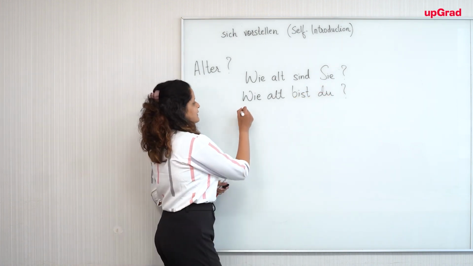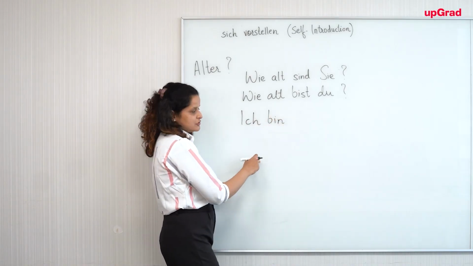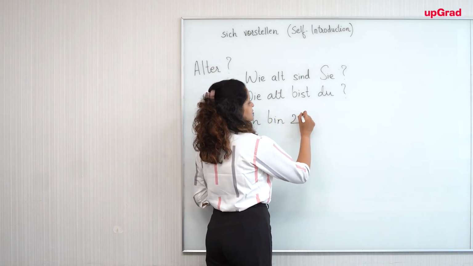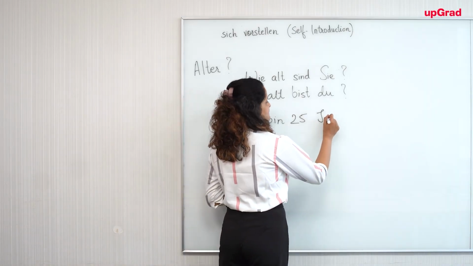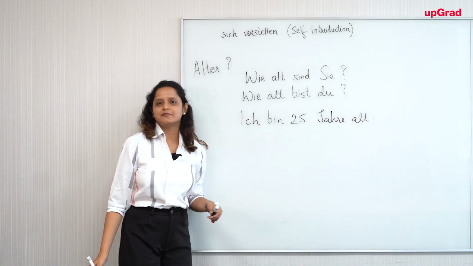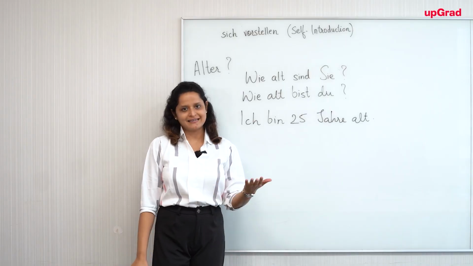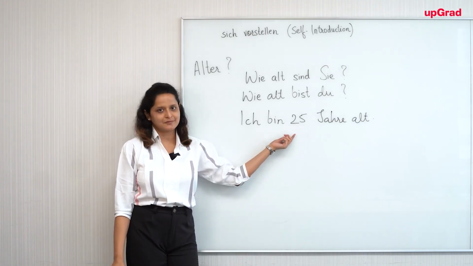The answer to that becomes Ich bin, whatever your age is. So let's say you're 25 years of age. You will say Ich bin 25 Jahre alt. That is, you are 25 years old. So when we write numbers, we can write it in the numerical forms. We do not need it in words.